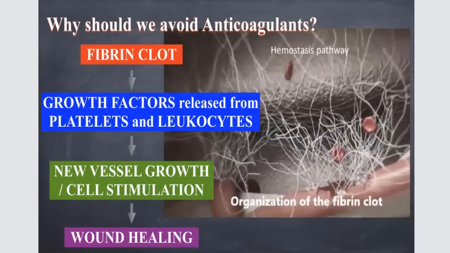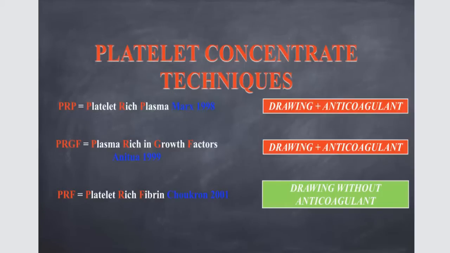So we want to try to avoid things like anticoagulants in making our types of biologics. If we have a fibrin clot and we can extract those growth factors that are released from the platelets and leukocytes that help stimulate new cell formation and finalize our wound healing without adding an anticoagulant, that would be what's best for us. So originally in 1998, Richard Marx in Florida came out with this PRP formula, which was wonderful, but it required drawing blood using an anticoagulant tube.